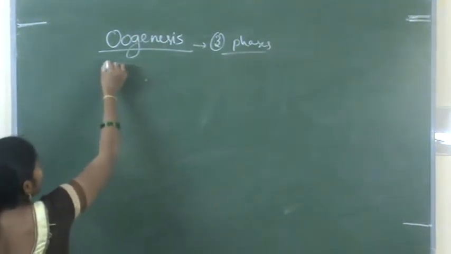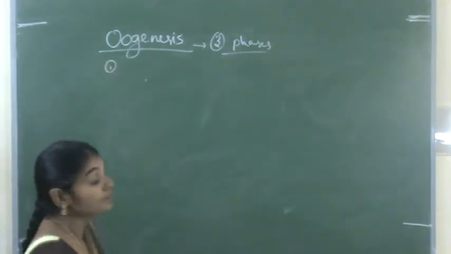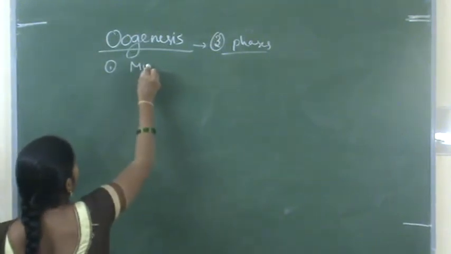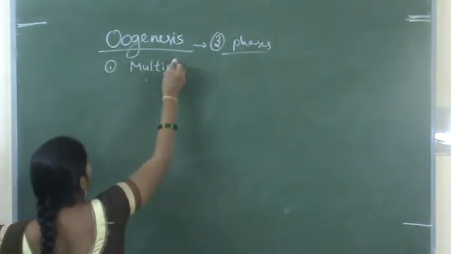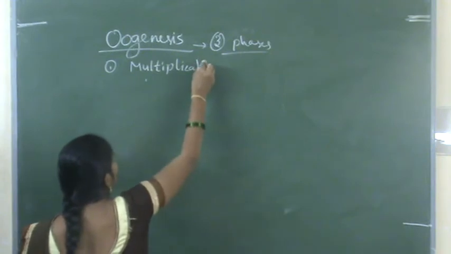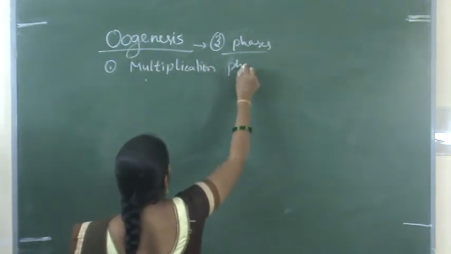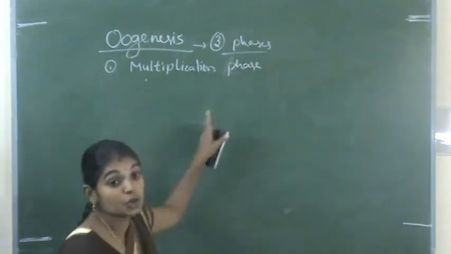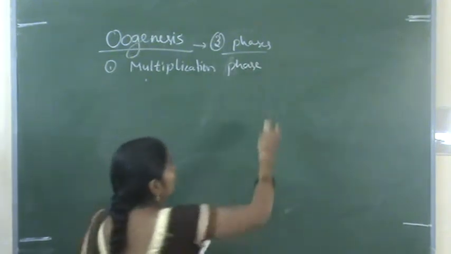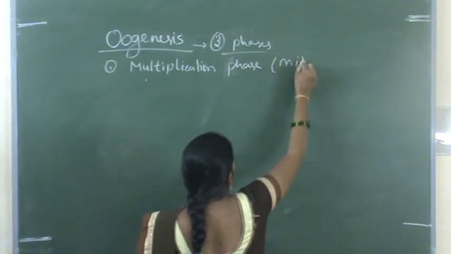So the first one is the multiplication phase. Mitotic division takes place during this phase. So here mitosis takes place.